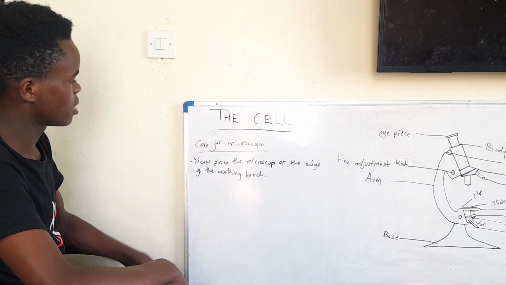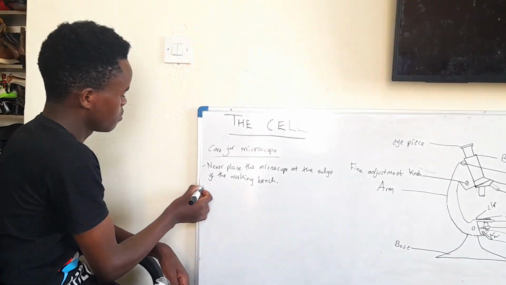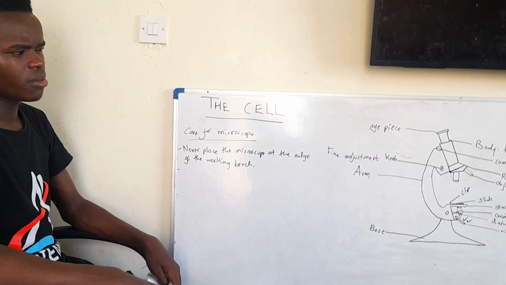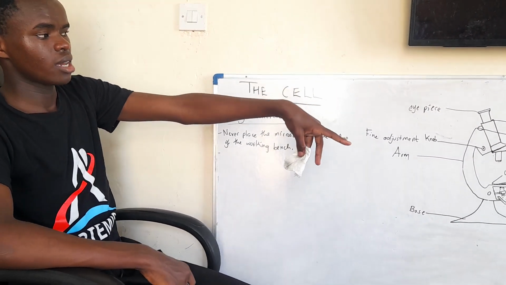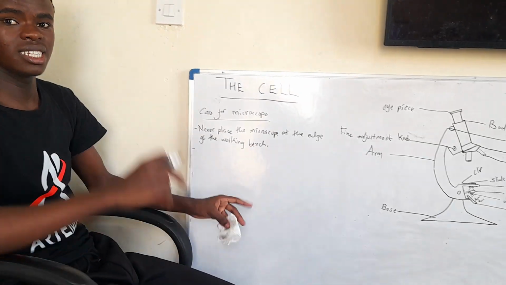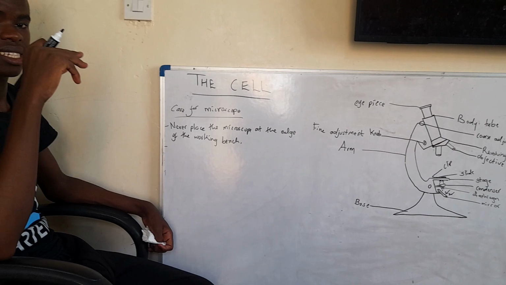That's the first instruction on how to care for a microscope. Moving on to the next. Remember that at times those lenses may be covered in dust. So what are we supposed to do in case they are covered with dust?